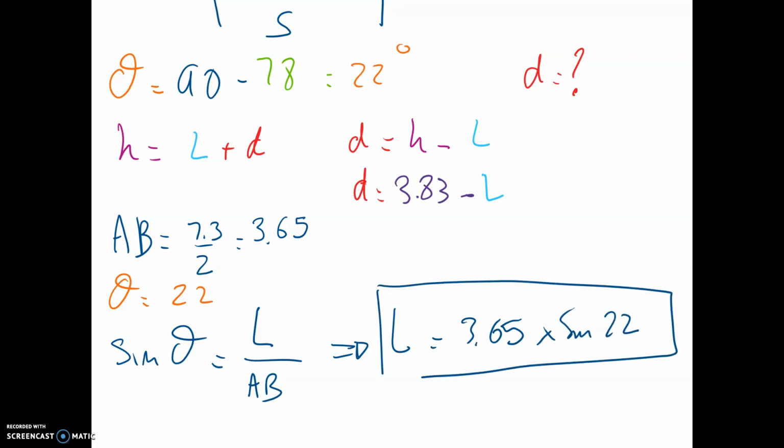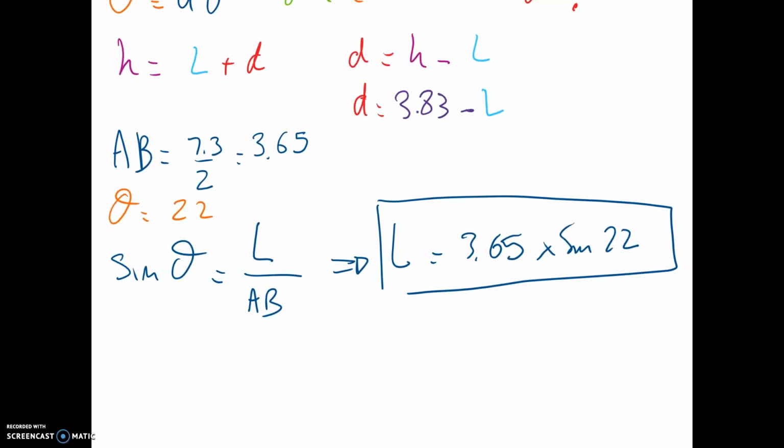Now you have L, and if you have L, you can find d, because now you can express d, which is what you are looking for, as 3.83 minus 3.65 multiplied by the sine of 22.